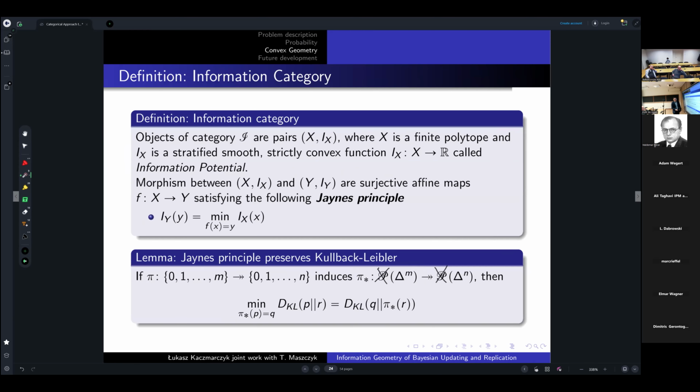When you push it forward by the James principle, even if you have here a uniform distribution, which would give you Shannon negentropy, here you have the direct image, which may not be a uniform distribution, so it would not yield you the Shannon negentropy.